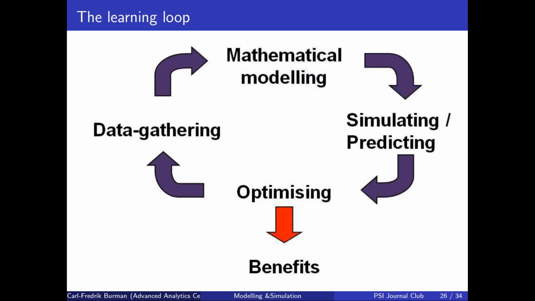Modeling is a continuous process, and this was something that we emphasized already in the abstract I showed you from 2005, where we gather data, we build mathematical models, we're predicting what will happen from them by simulation or other techniques, and we try to optimize designs, for example.